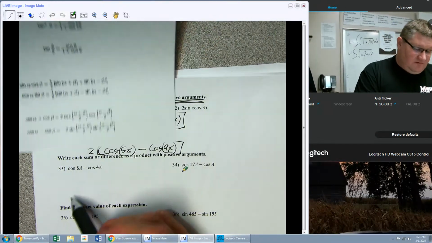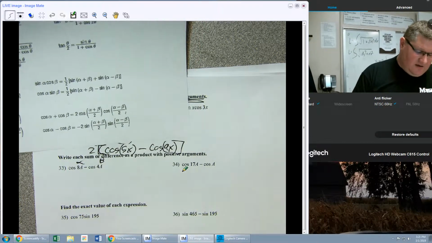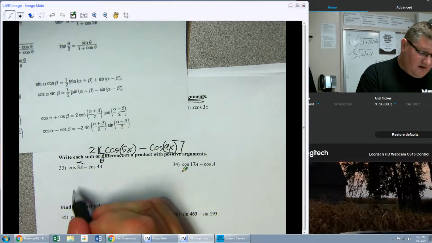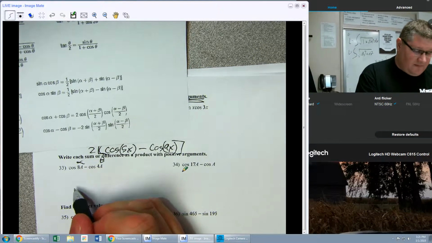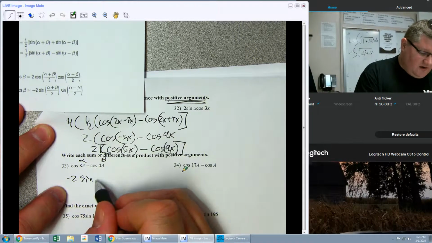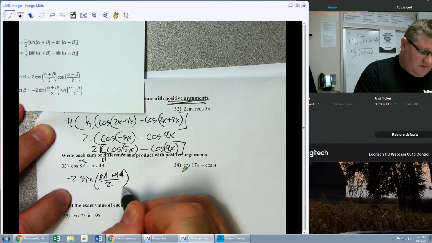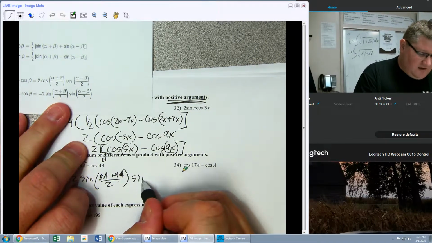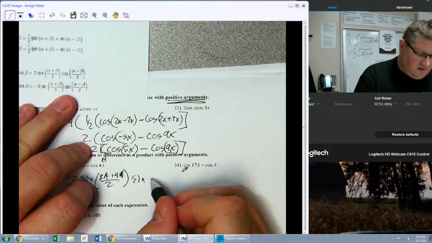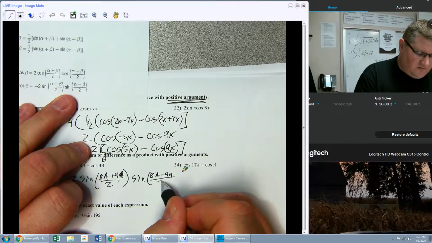This one works in reverse. You simply use this property. Here's alpha, here's beta, and it's simply put it in the property. So -2 sine of 8a plus 4a all over 2, sine, yeah, because it's cosine, cosine, minus, minus, 8a minus 4a all over 2.